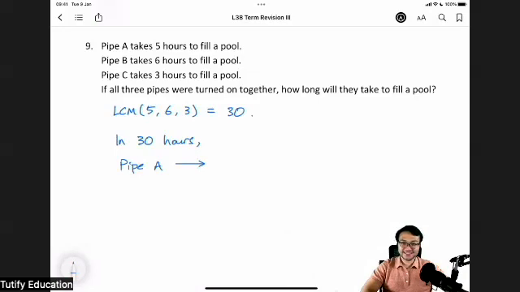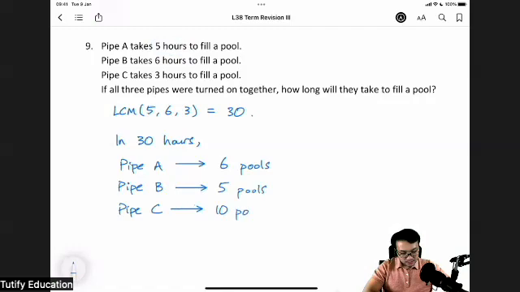Well done. 6, correct. You are going to fill up 6 swimming pools because it only takes 5 hours to fill up one pool. So if you give 30 hours, you can fill up 6 pools. What about pipe B? 5. And what about pipe C? 10.